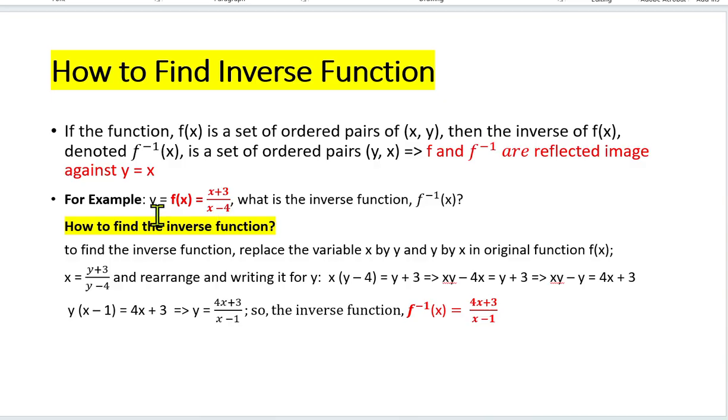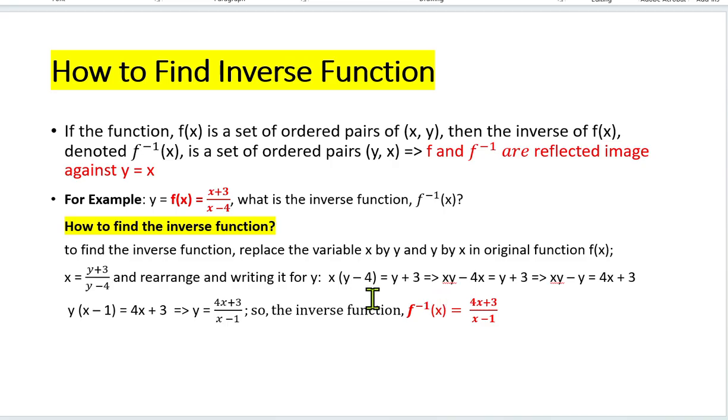We replace y by x, and we replace x by y, so the numerator is y plus 3 and the denominator is y minus 4. We rearrange it, writing x times (y minus 4) equal to y plus 3.